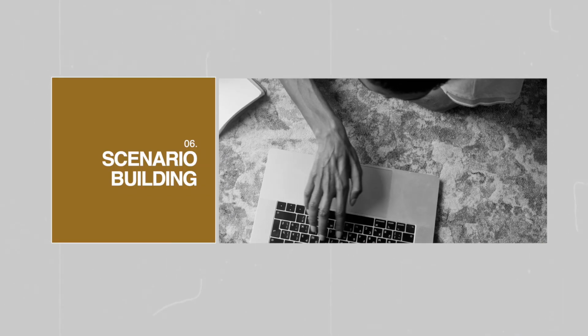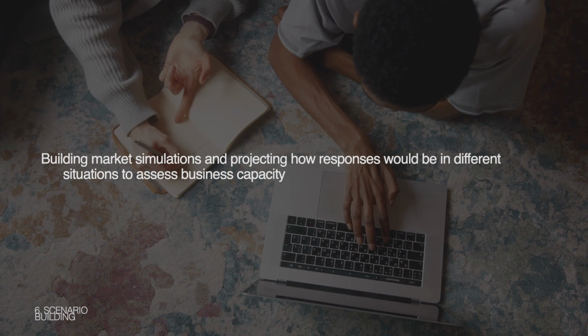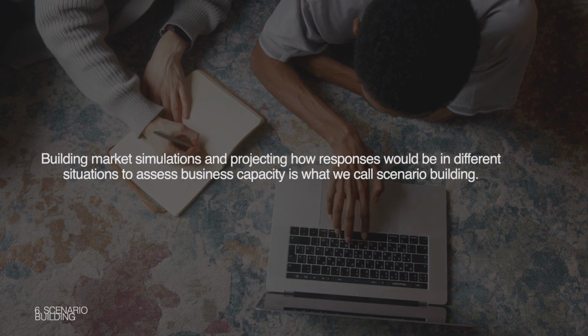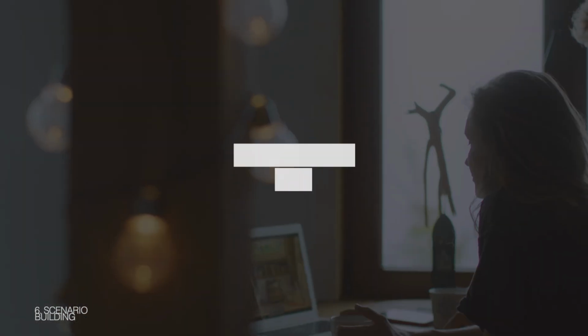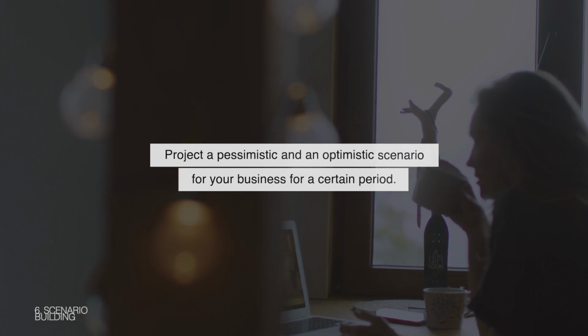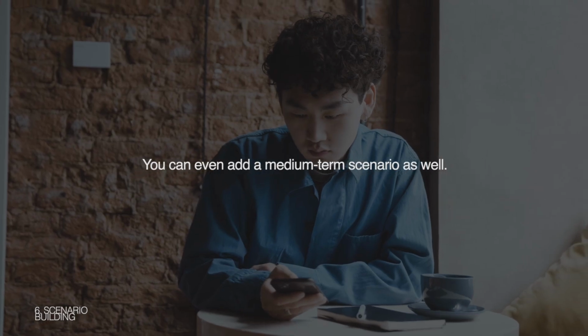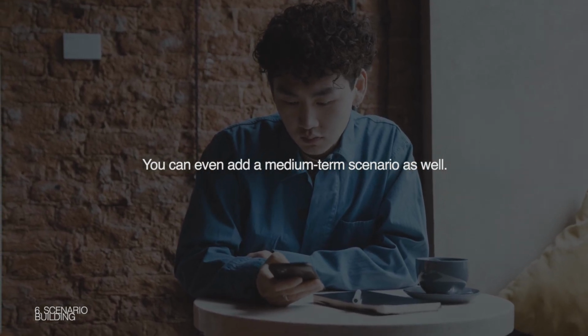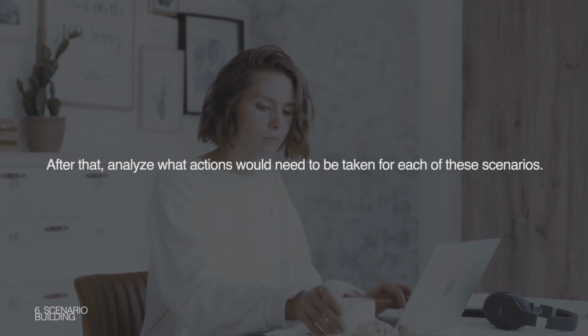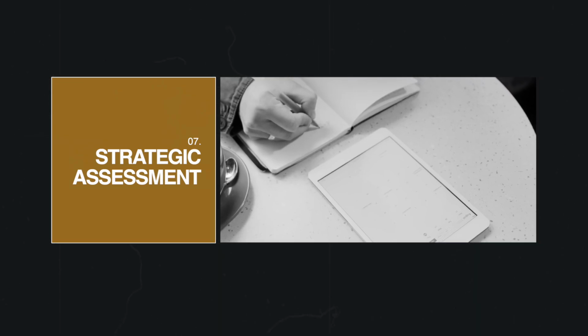Scenario building. Building market simulations and projecting how responses would be in different situations to assess business capacity is what we call scenario building. In other words, project a pessimistic and an optimistic scenario for your business for a certain period. If you prefer, you can even add a medium-term scenario as well. After that, analyze what actions would need to be taken for each of these scenarios. Strategic assessment.